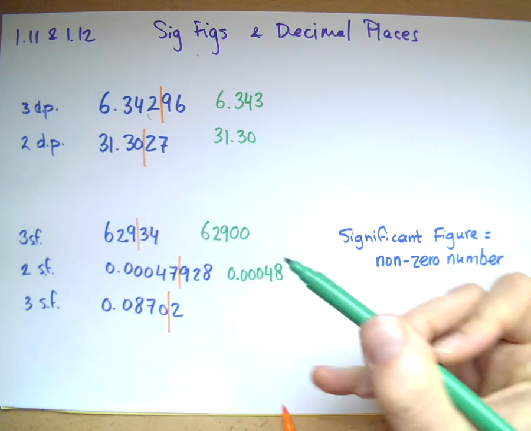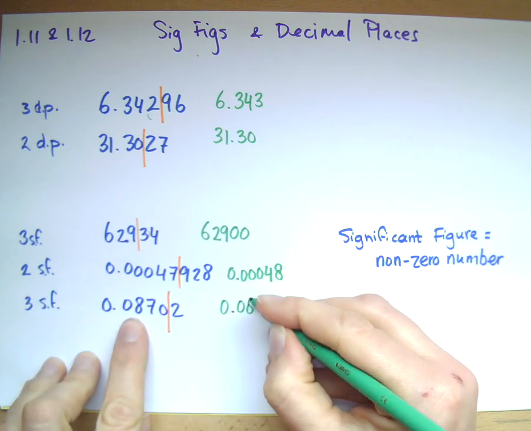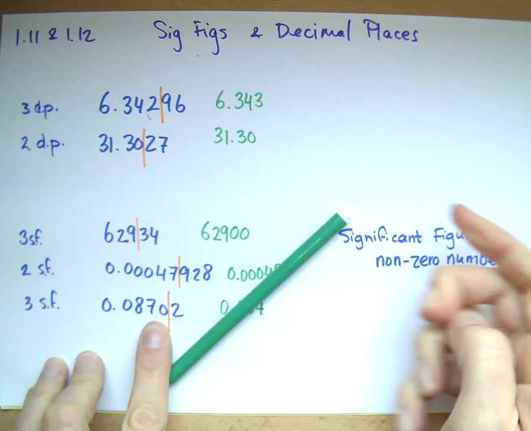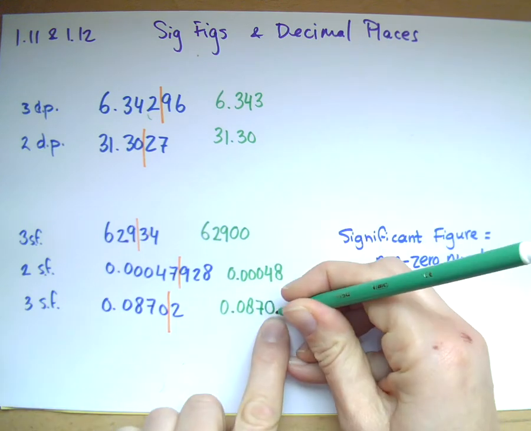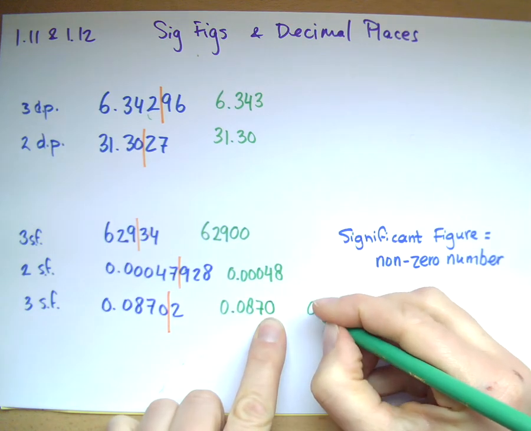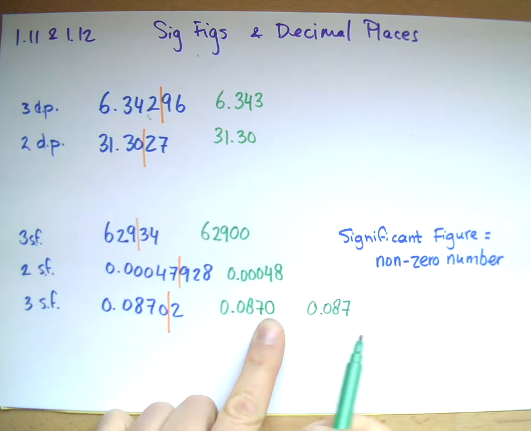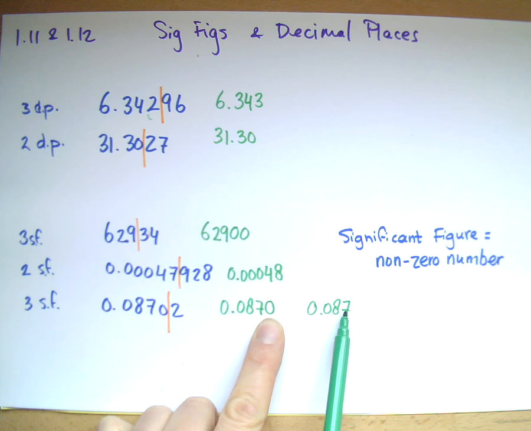Now in this case, our last and third significant figure is a 0. We have to write that 0. If we write this, and people ask us how many significant figures are written here, we'd say 1, 2.